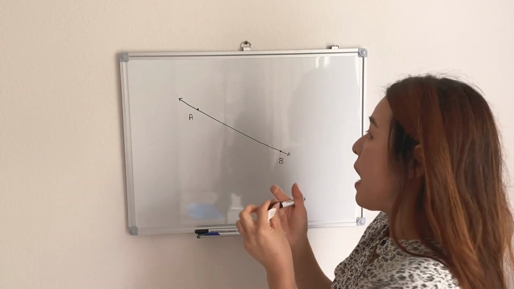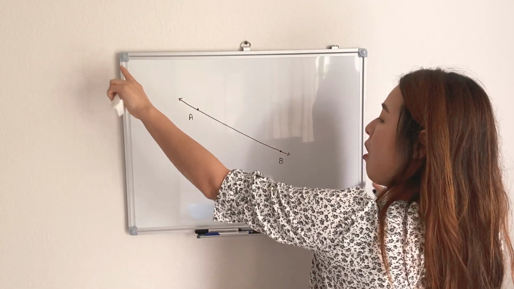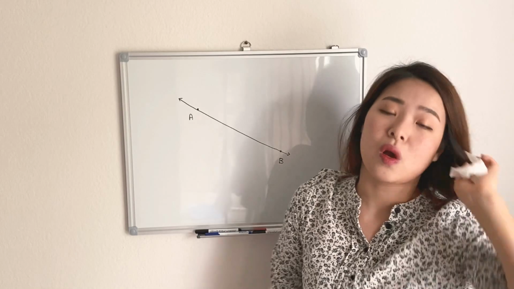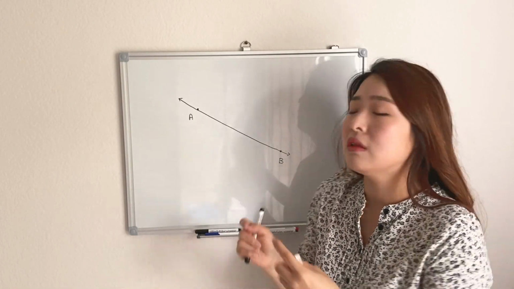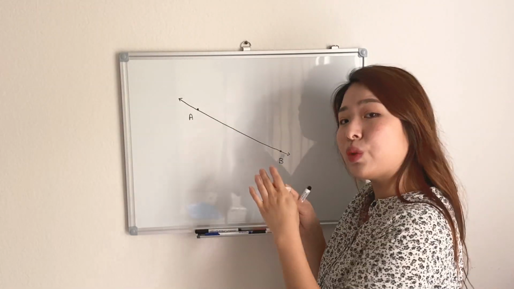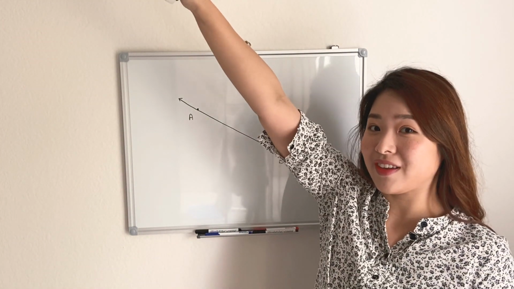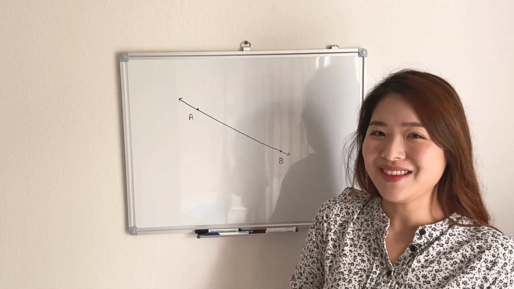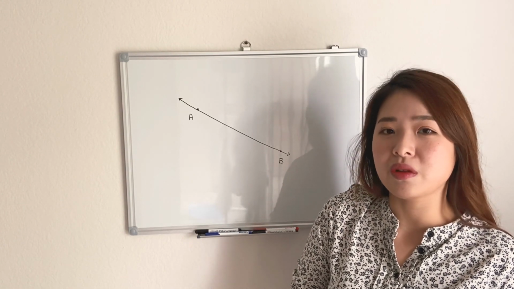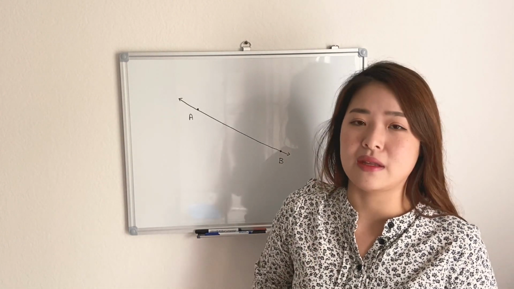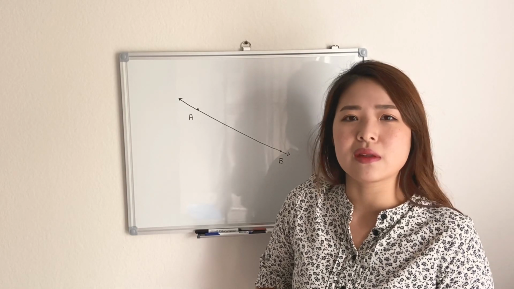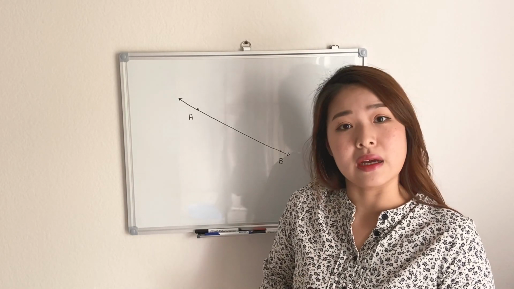Do you notice how the arrows keep going on and on? So that is called a line. The line has to pass through a point, but it keeps going on and on. Does that make sense? Now we're gonna learn about a line segment. What's the difference between a line segment and a line?